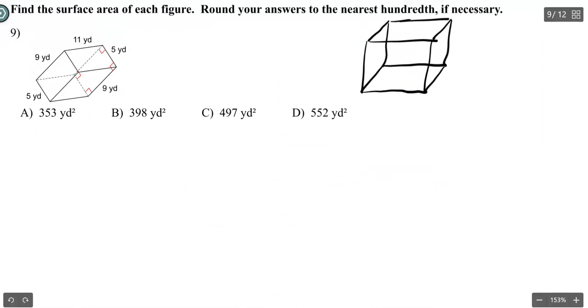I'm going to put this 9 by 11 on the bottom. And then it's going to have a height or a thickness of 5. That kind of connects up to the other 9 by 11.